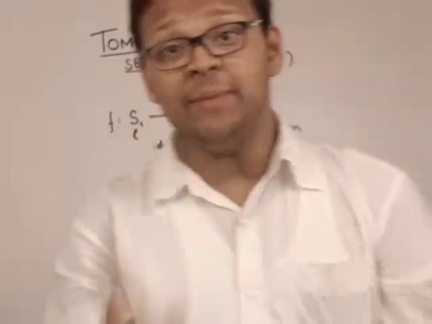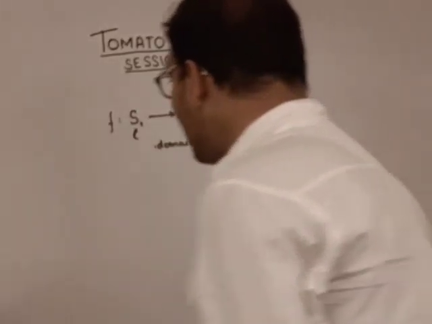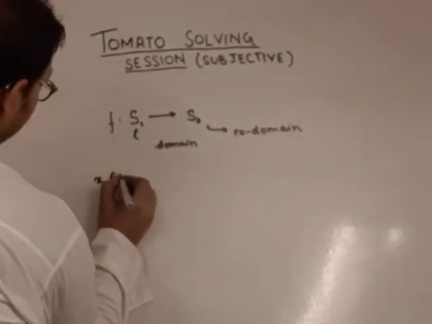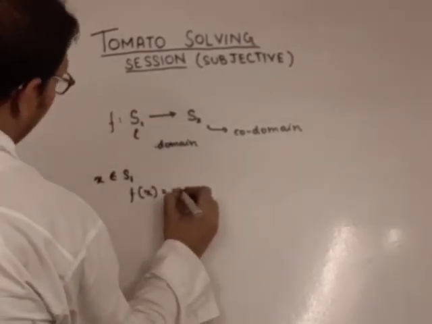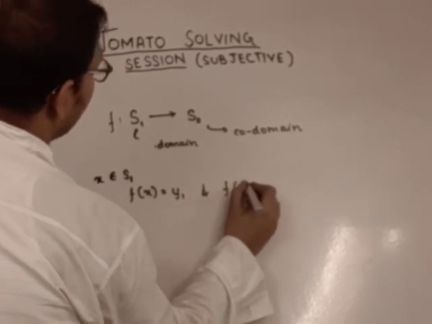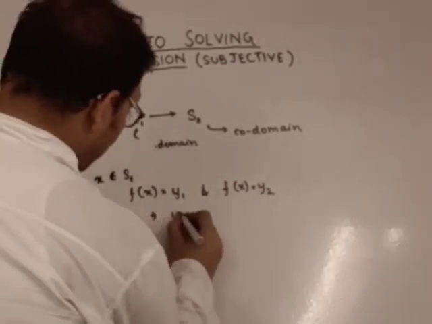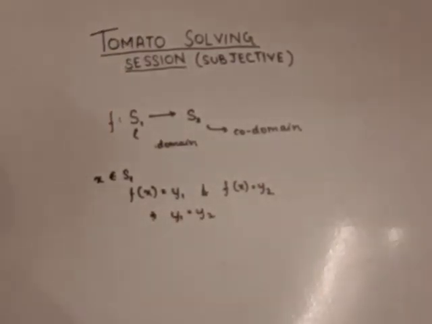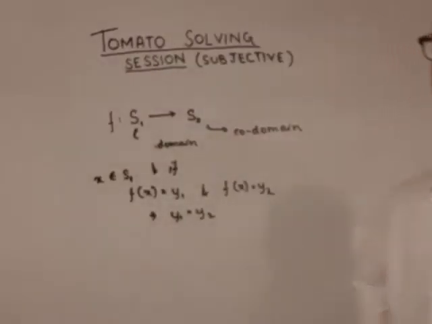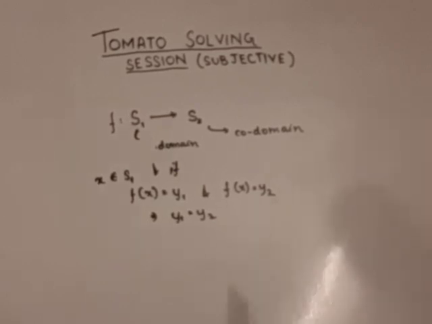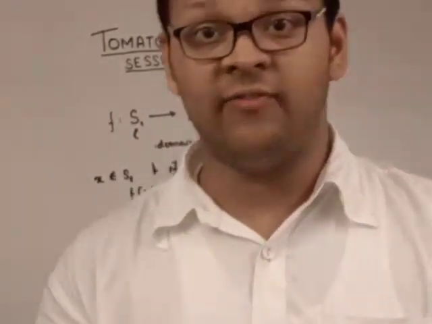It means that if x belongs to S1, then f of x equals y1 and f of x equals y2 implies y1 equals y2. If this takes place, then that mapping is known as a function.